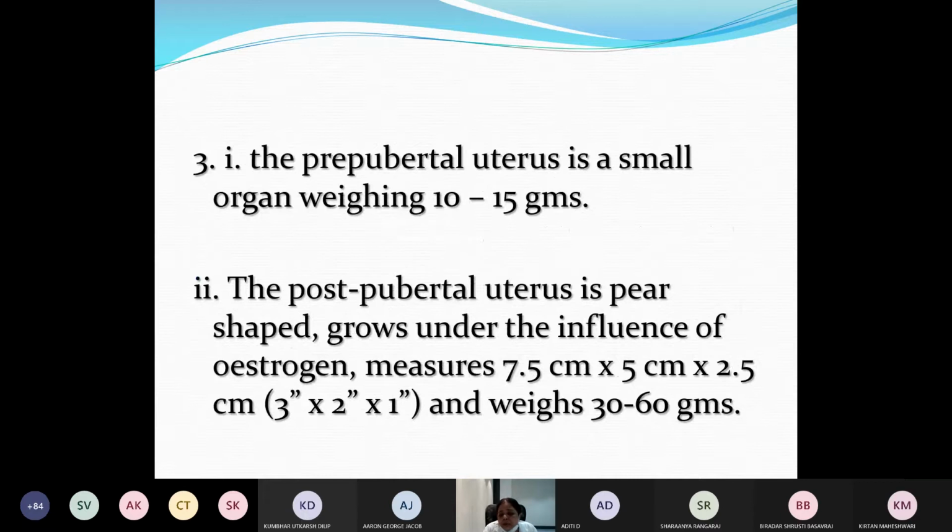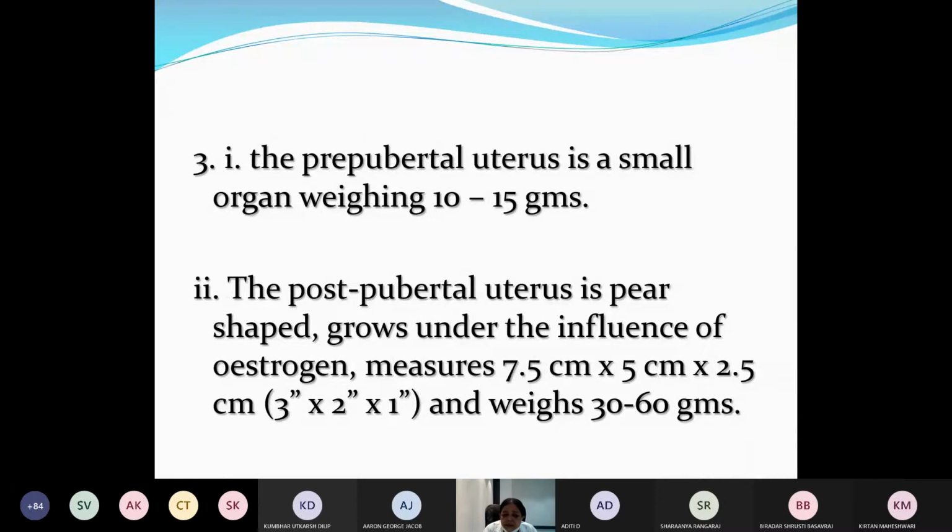The prepubertal uterus is a small organ weighing about 10 to 15 grams. What about the postpubertal uterus?